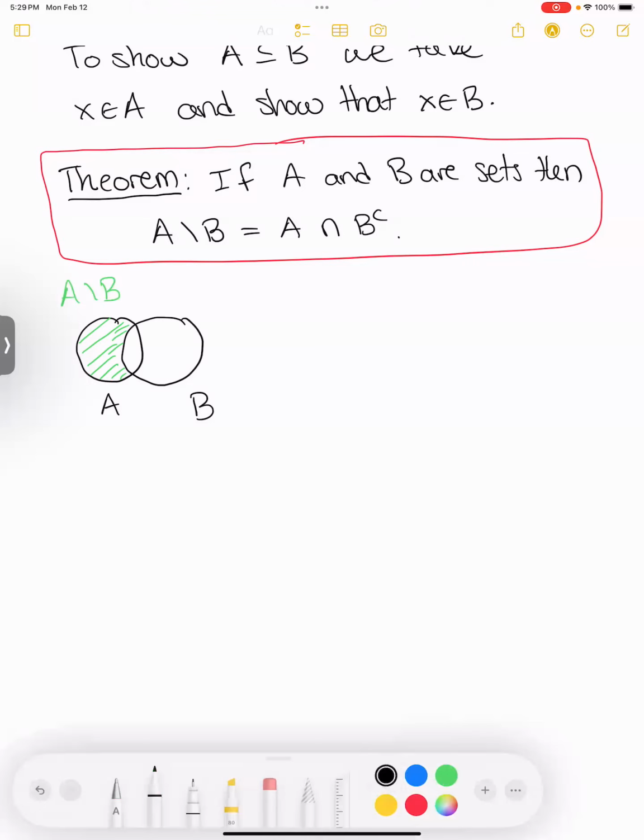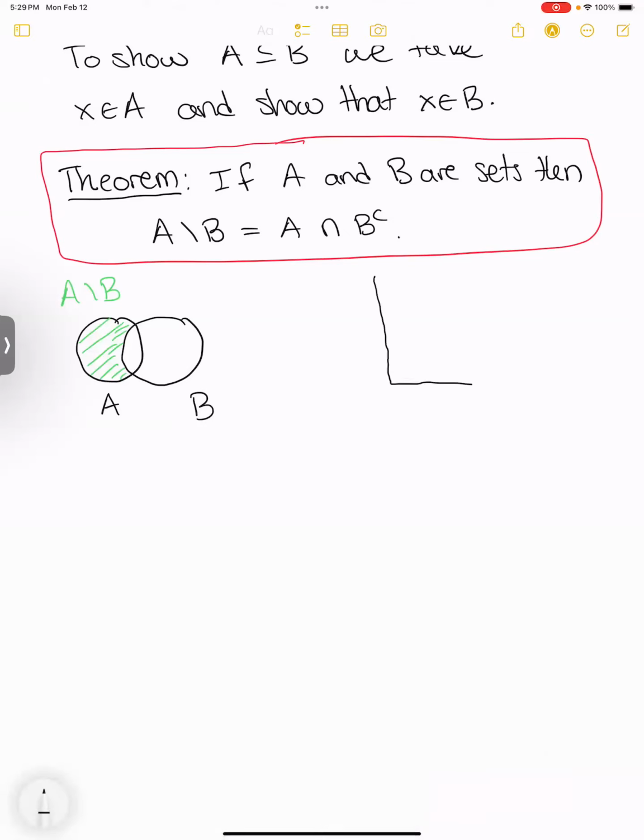Now, drawing pictures is not a proof, but it can be helpful for understanding. And so now I want to try to understand this right-hand side. There, I'm going to draw a series of pictures, and now I want to imagine my sets as living inside of some universal set U, because I want to take complements.